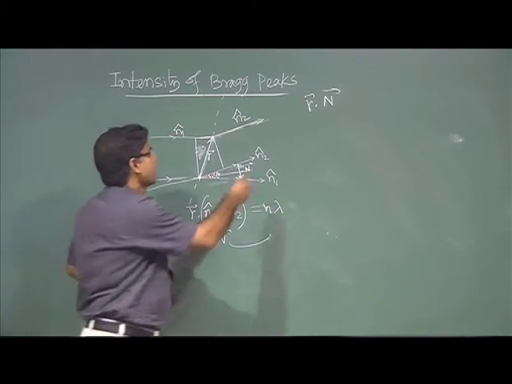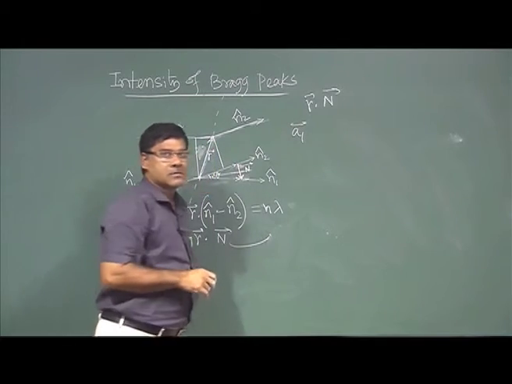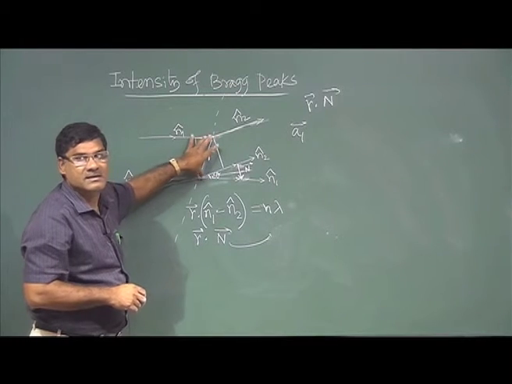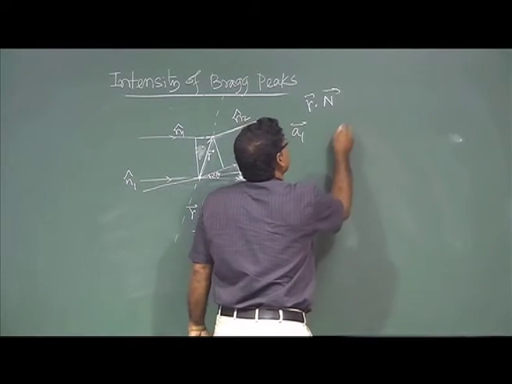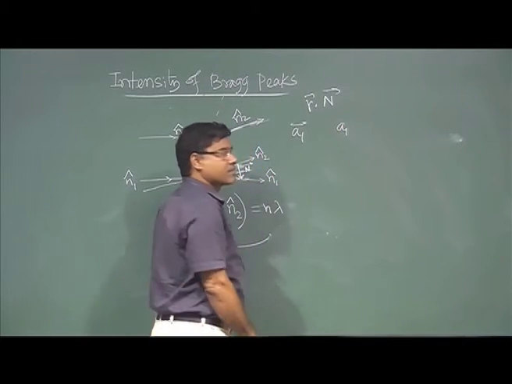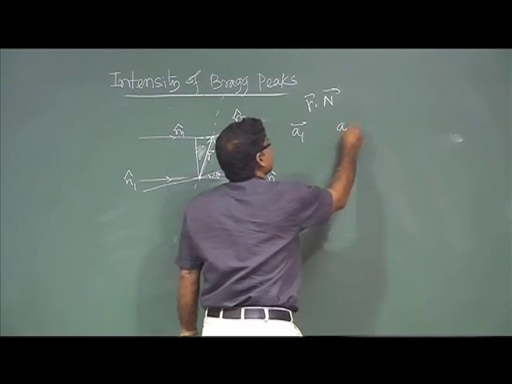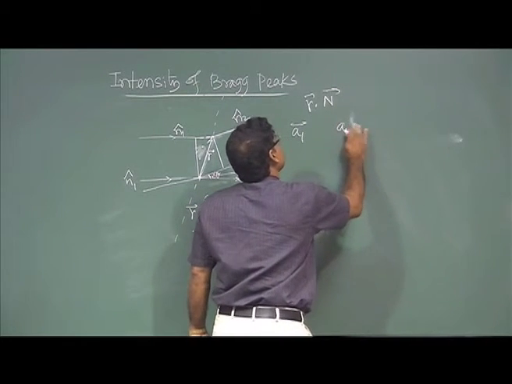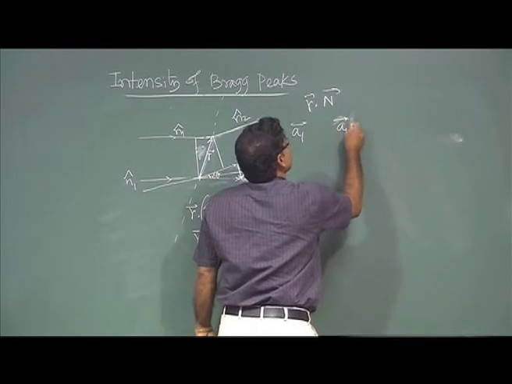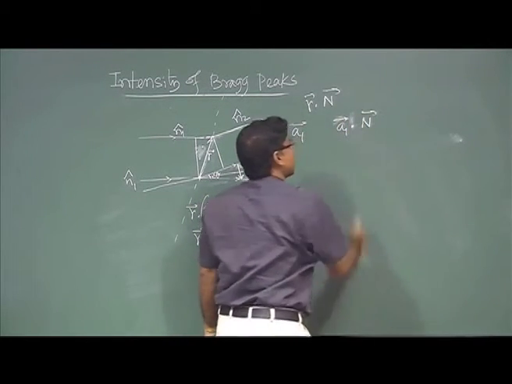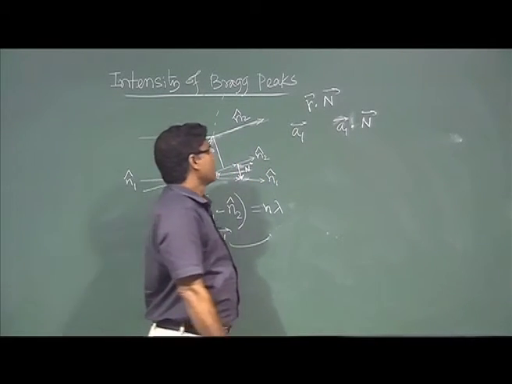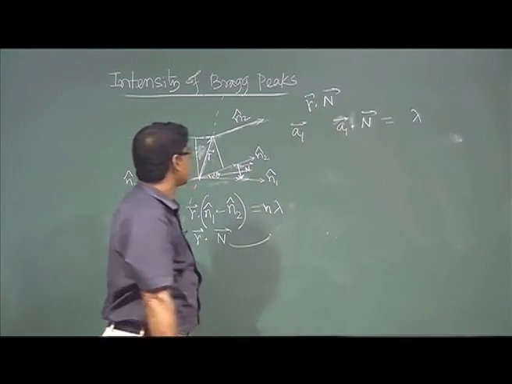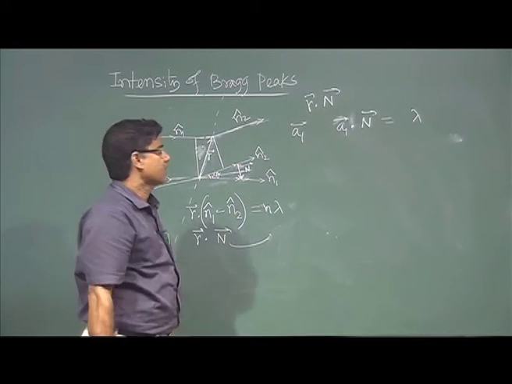So, if I consider along the A1 axis, what will be the R distance between these two? If it is along the A axis, the distance between these two will be A1, right, and the direction will be N, so I can write A1 dot N. That has to be an integral multiple of lambda, right, to get the constructive interference.